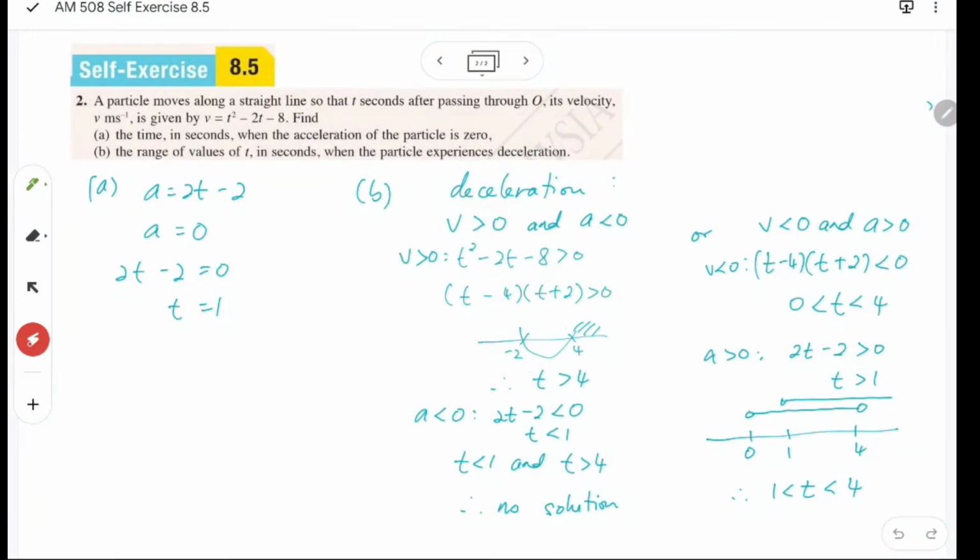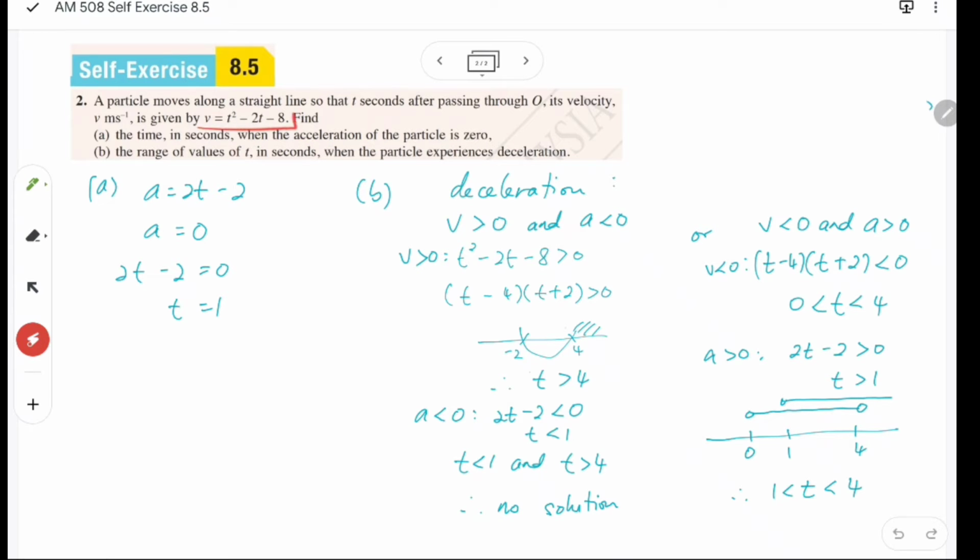Number 2. A particle moves along a straight line so that t seconds after passing through point O, its velocity v meter per second is given by v equals t squared minus 2t minus 8. Find a, the time in seconds when the acceleration of the particle is 0. So we need to find the acceleration.